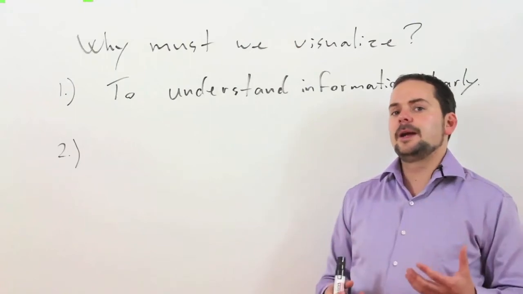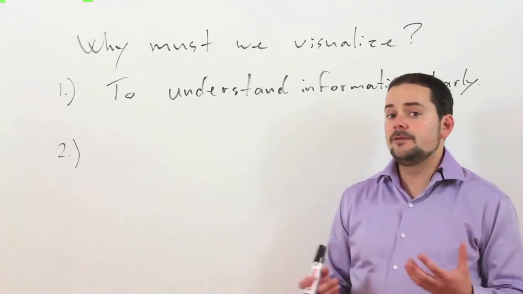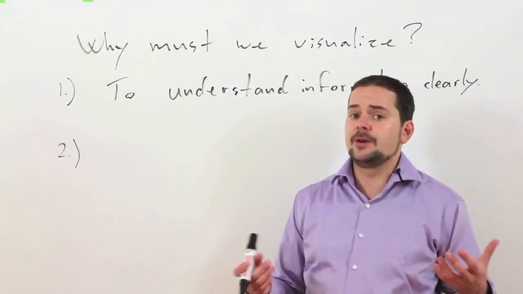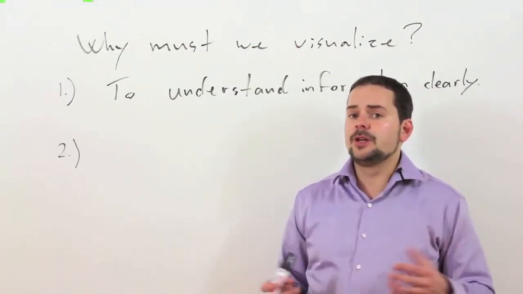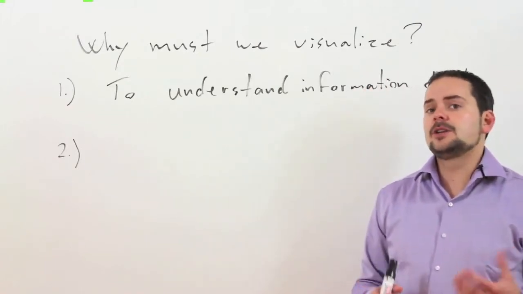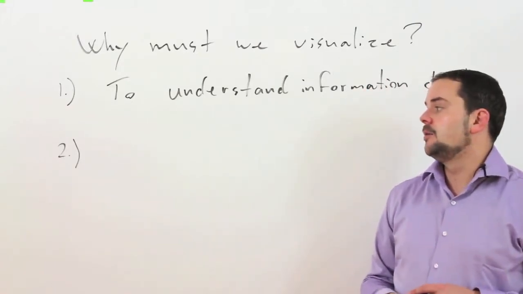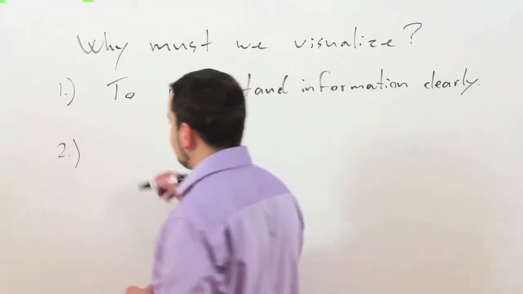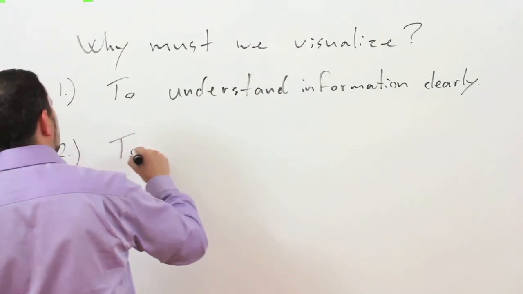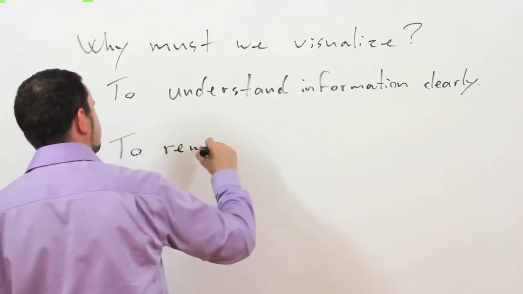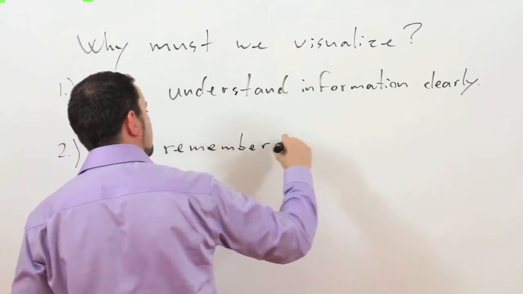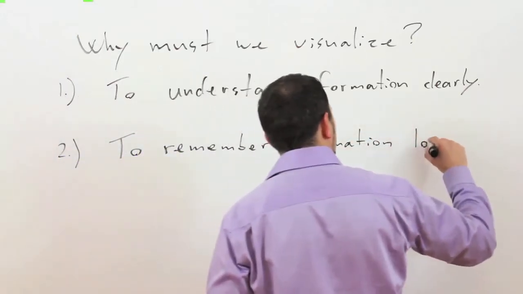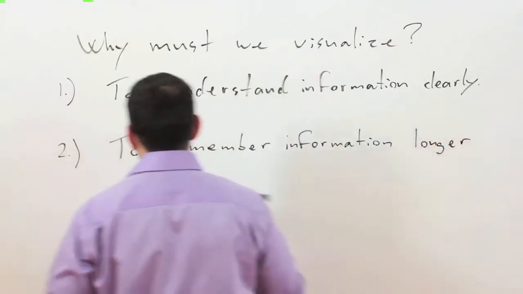So just like our grandparents who did a lot of visualizing when they read books, so they remember the books they read when they were young children, we need to do the same thing so that we can clearly remember what we're hearing and what we're reading or the information we're using. So we have to visualize to remember information longer and more accurately.